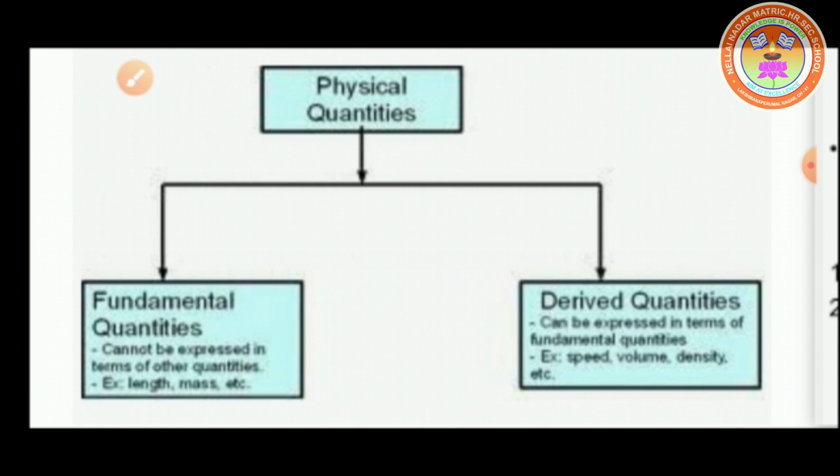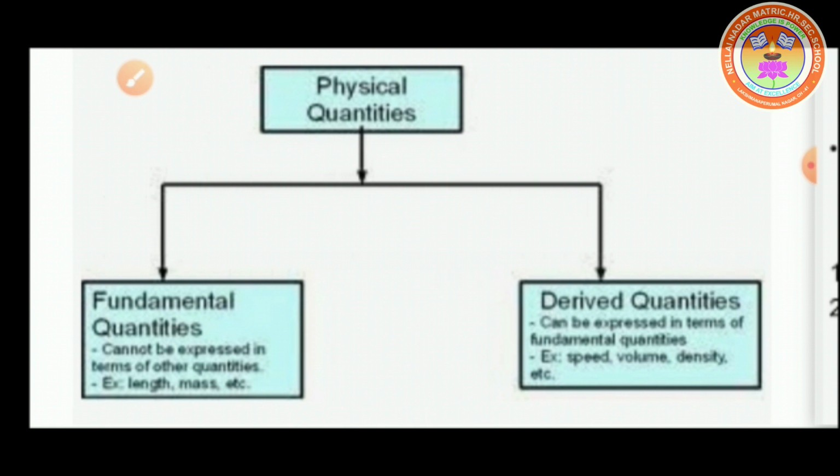That is length into breadth into height. Length, breadth, height, we are measuring the length, which comes under fundamental quantities. And density. You know the formula: mass per volume. Mass is a fundamental quantity. So mass per volume gives us another quantity, that is density.